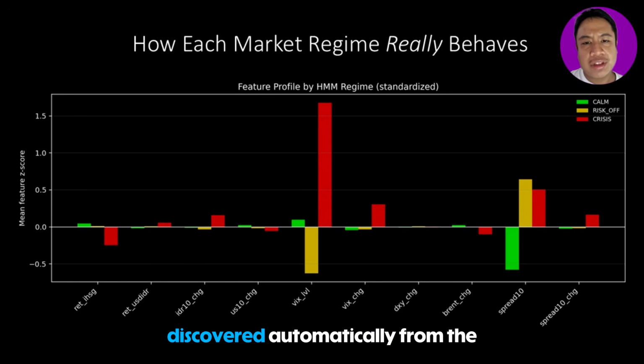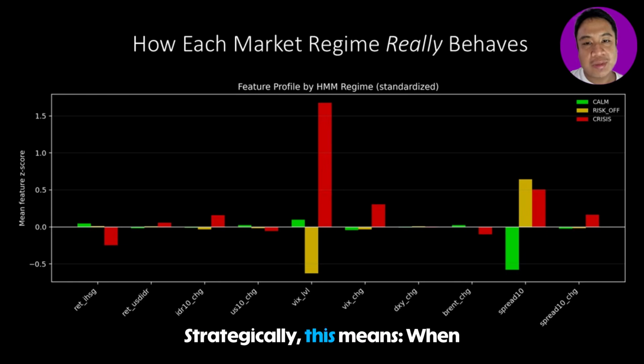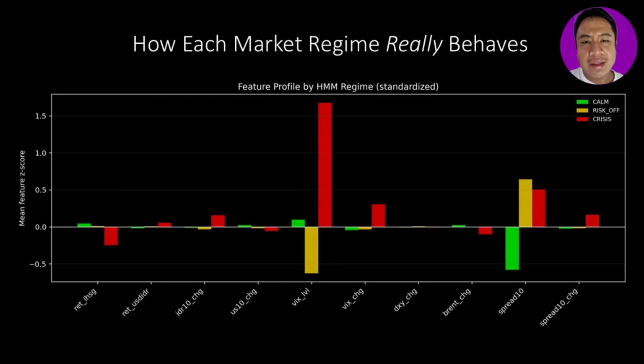All of this is discovered automatically from the data. Strategically, this means when VIX starts rising and IDR weakens slightly, we may already be shifting from calm to risk off. When both FX and volatility blow out simultaneously, we are likely entering crisis. This fingerprint helps traders adjust exposure before the worst day hits.